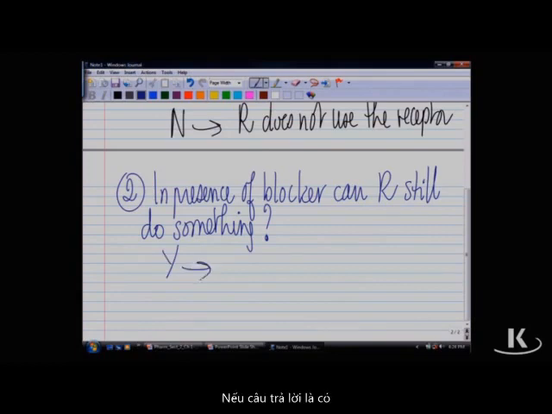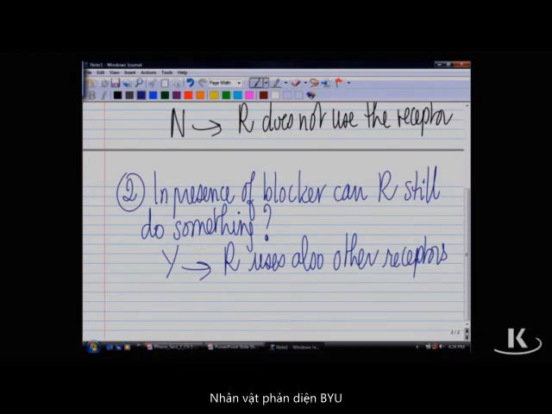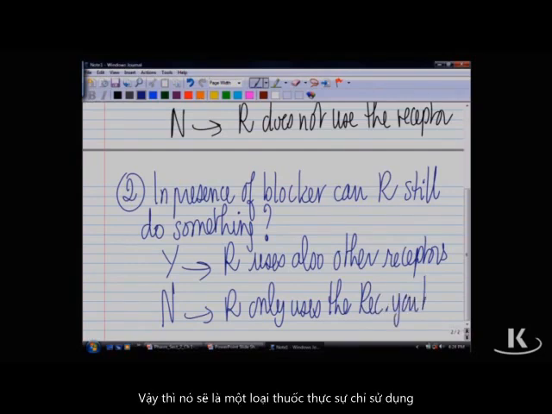If the answer is yes, R uses also other receptors. And then you have to find what are the other receptors the drug is binding to for these other effects that are not blocked by your antagonist. If your answer is no, then R only uses the receptors you blocked. So then it would be a drug that really only uses one single receptor.